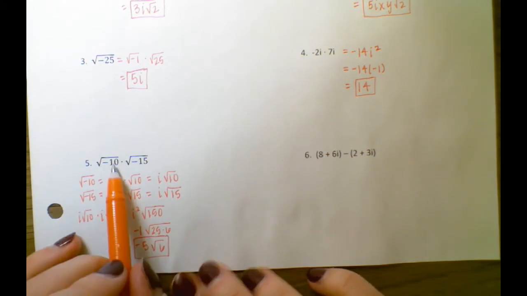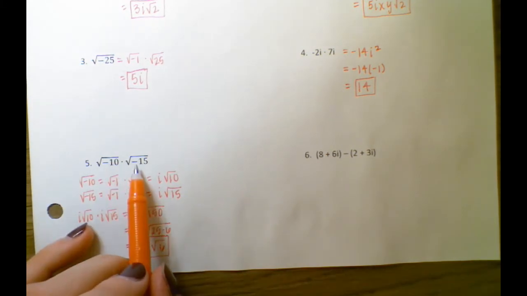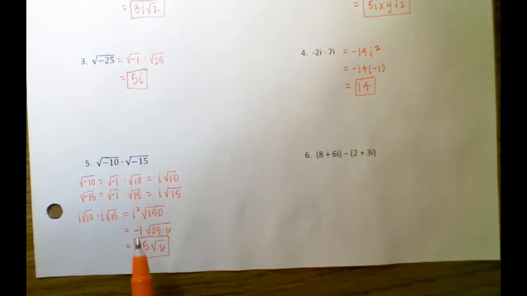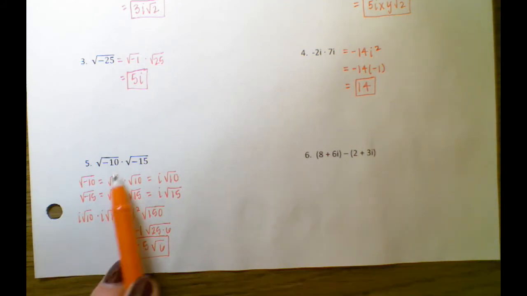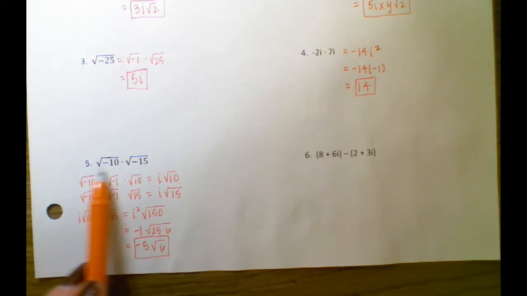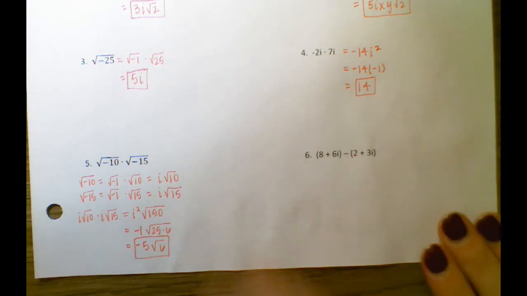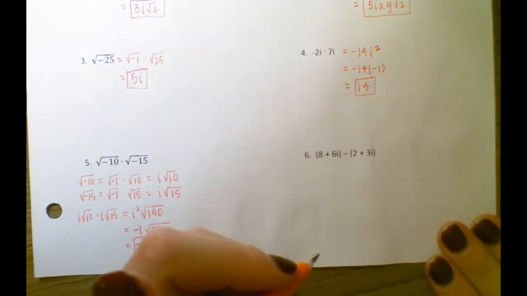Okay, notice if you multiply this negative 10 by negative 15 first, you'll get the square root of 150, and then you'll forget about that negative because you won't have that. All right, so just make sure when you have this, I would simplify each individual radical first and then multiply them, which I know is just a tad different from when we were just talking about multiplying your radicals, so be careful.